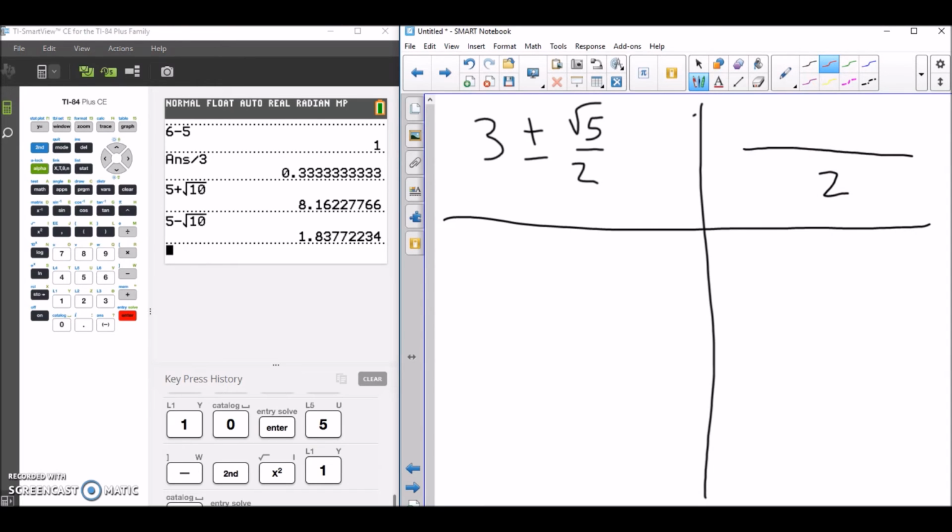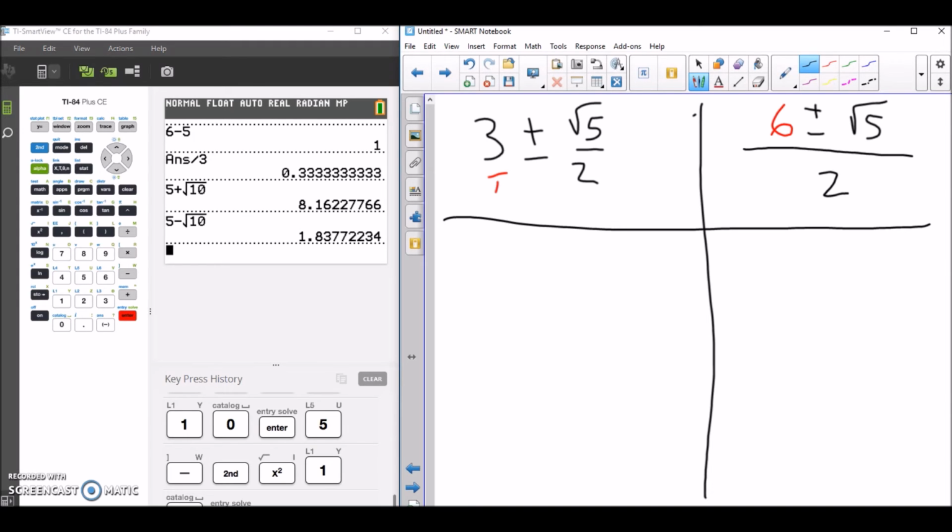If we changed this to one big fraction, what would the 3 change to? The 3 out in front would change to a 6, correct, because right now it's 3 over 1. If we put it over a 2, we would have to multiply by 2. So either way is correct. Some of you will do it one way, some of you will do it the other way, and that is fine.